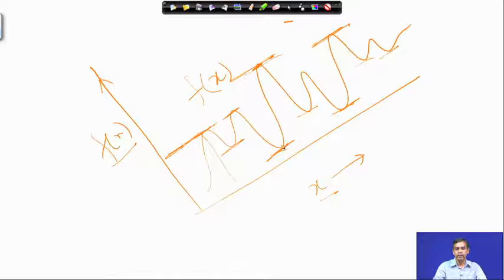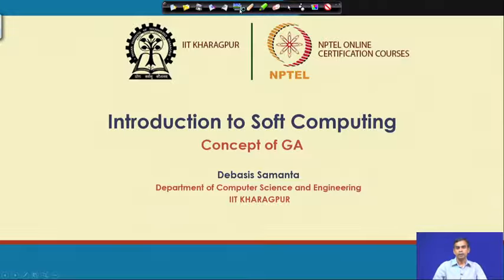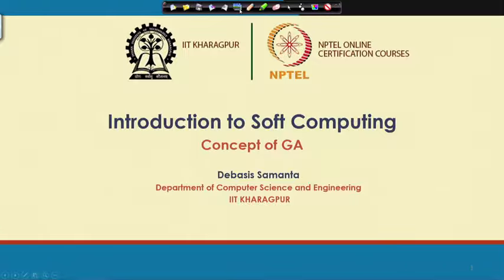Finding an optimum value, that means a global maxima or global minima, is called solving an optimization problem. Now, we will discuss the GA, the genetic algorithm, which gives us a unique and fantastic way to search for all optimum values, that means either minima or maxima.